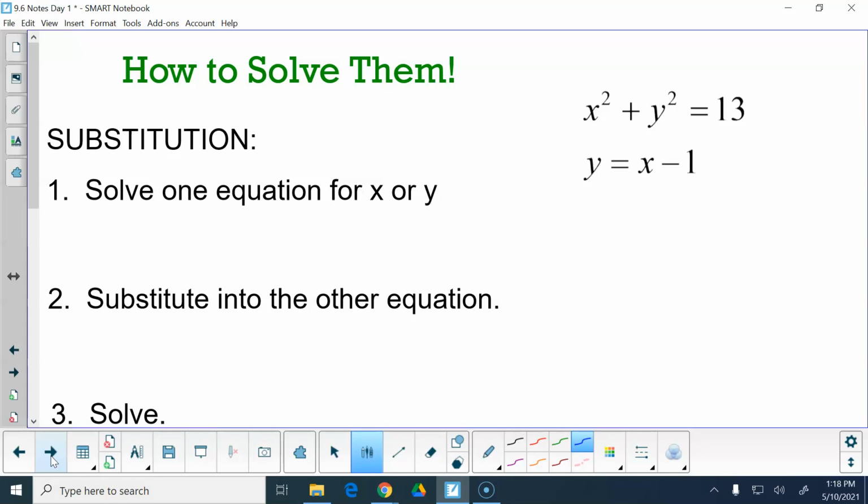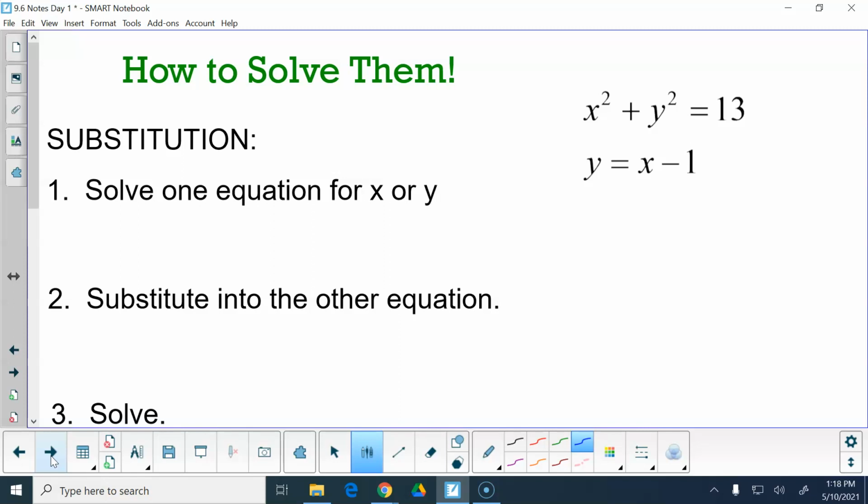All right? So, here's how to do it by substitution. We're going to focus in on substitution today. Wednesday, we'll focus in on elimination. Okay? And then we'll go from there. So, first step is we're going to solve one equation for x or y. Looks very familiar with how we started to do substitution before, correct? Okay?